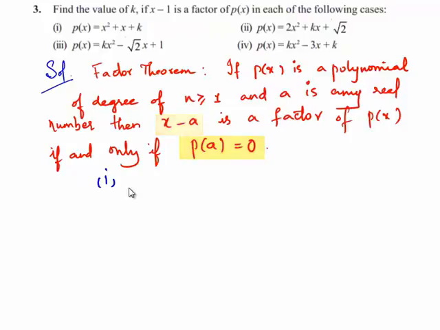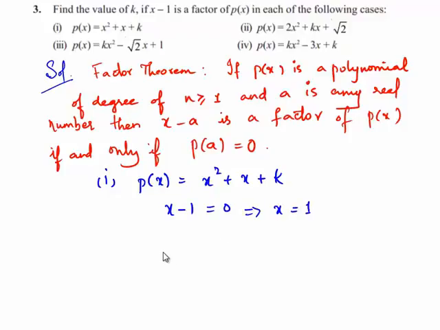So the first one is P of x is equal to x square plus x plus k and the given linear polynomial is x minus 1. So let us equate this to 0. We get x is equal to 1. And substituting the value of x in the given polynomial, p of 1 is equal to 1 square plus 1 plus k.